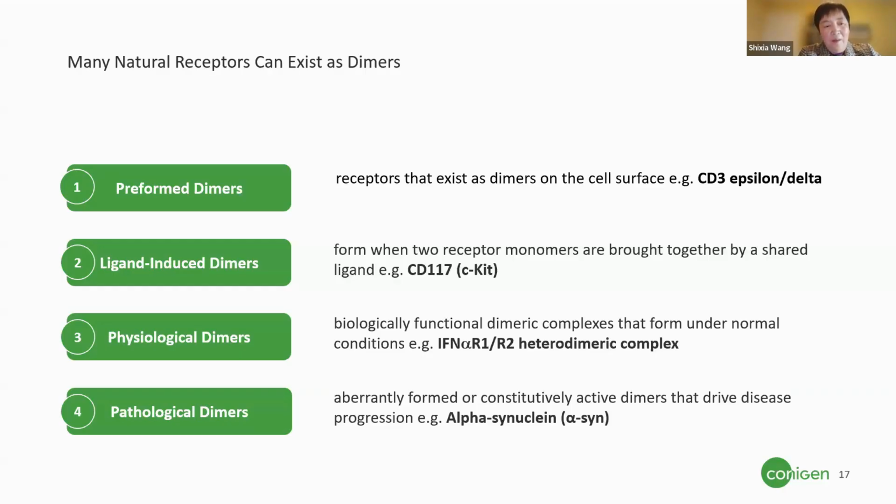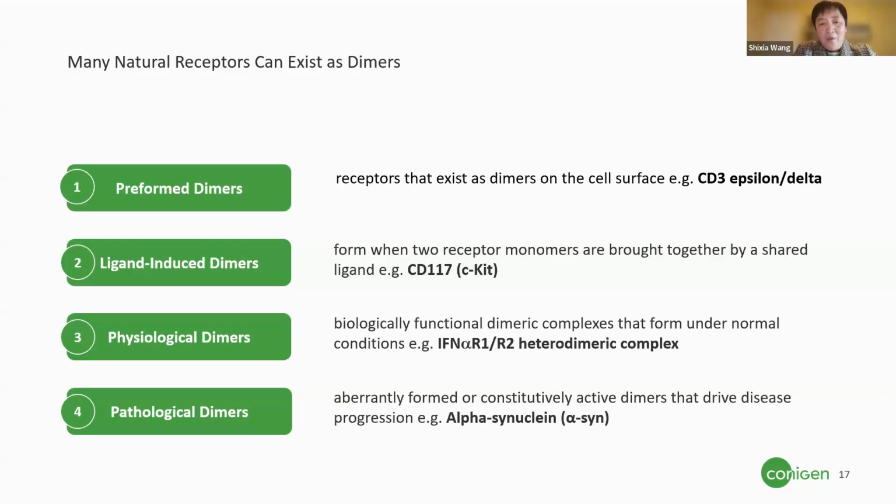Based on their activities or functions, we can also divide dimers into physiological dimers and pathological dimers. There are many physiological dimers. For example, the majority of cytokine receptors form dimers on the cell surface under natural conditions.